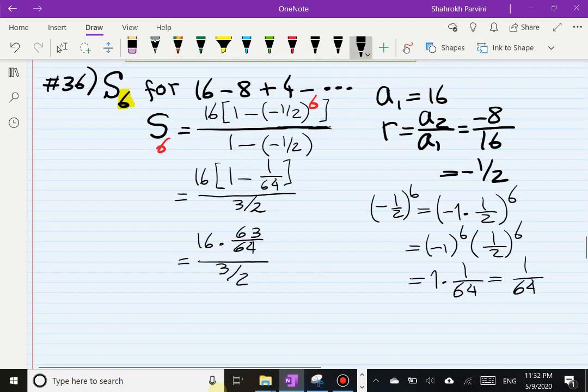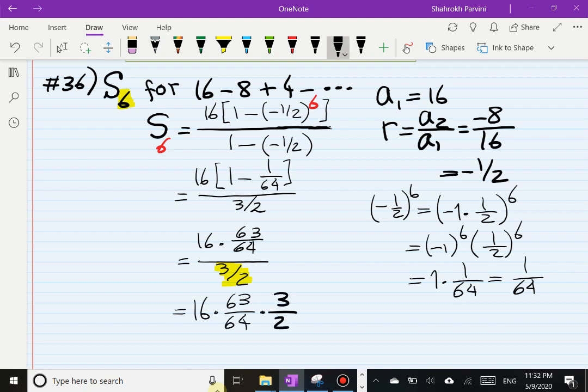Well, we're dividing, true? We're doing division, fraction by fraction. So I'm going to invert and multiply the 3/2. So that's 16 times 63/64 times, invert and multiply, it becomes 2/3. I did that on purpose.